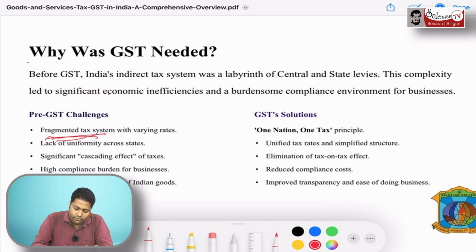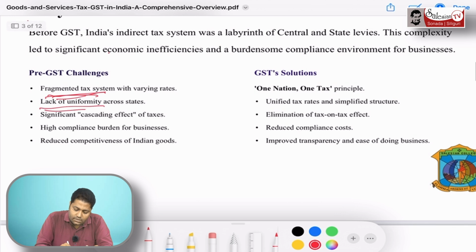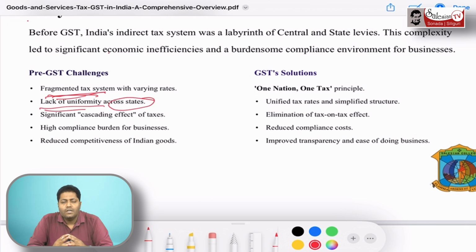There was also a lack of uniformity across states. In different states we previously had different tax systems. That means if one good from West Bengal is charged at the rate of 4%, the same good in the state of Tamil Nadu is not charged at a 4% rate. That means no uniformity was there.